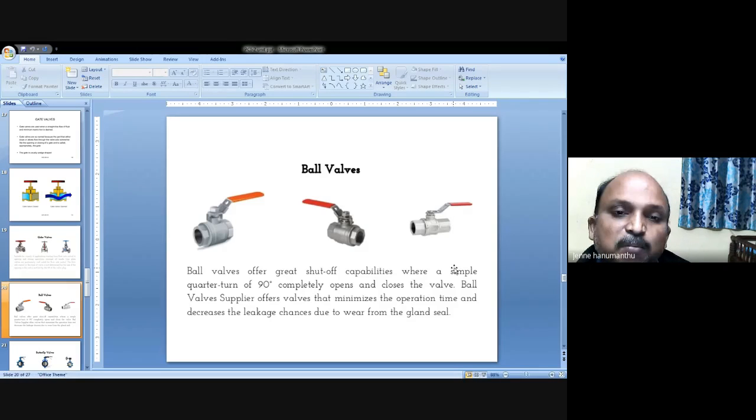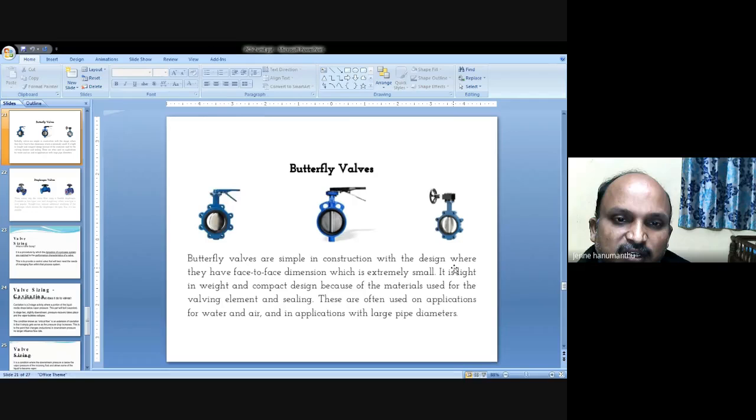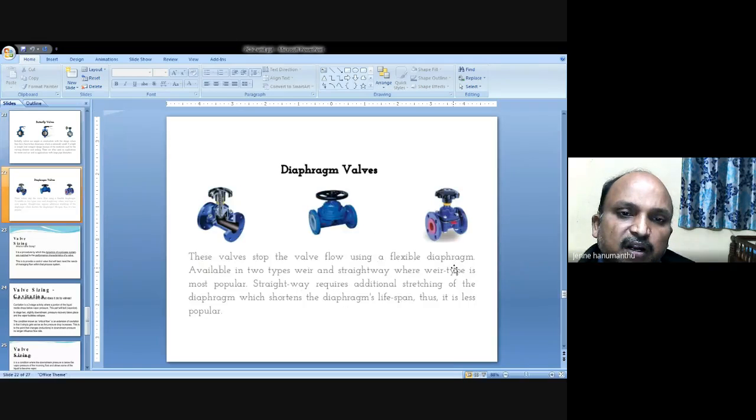Ball valves and butterfly valves. These are considered butterfly shapes, different shapes. Then diaphragm valves. These come under diaphragm based valves. Remember, it may be any type.